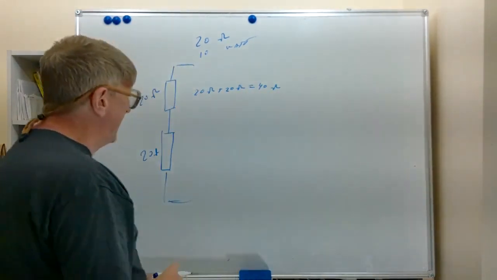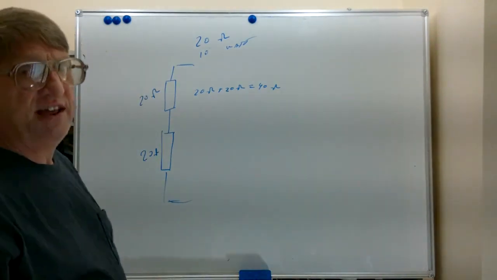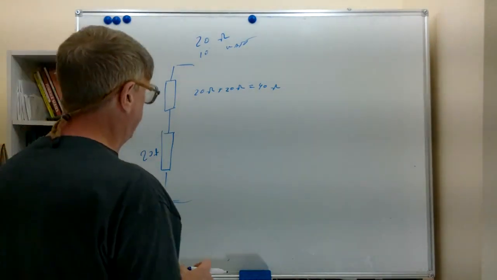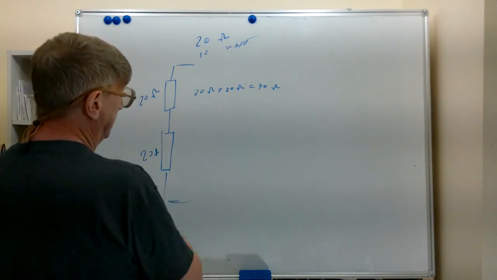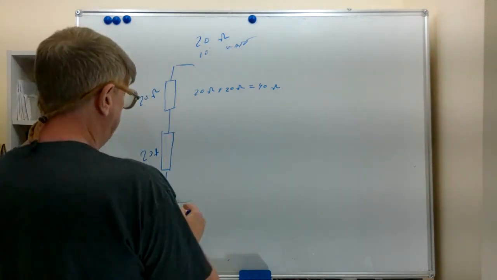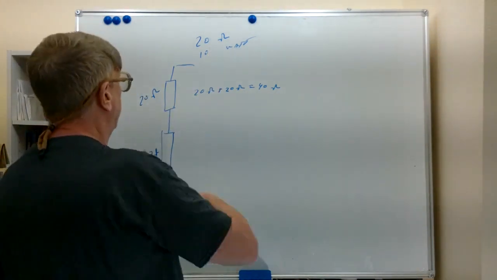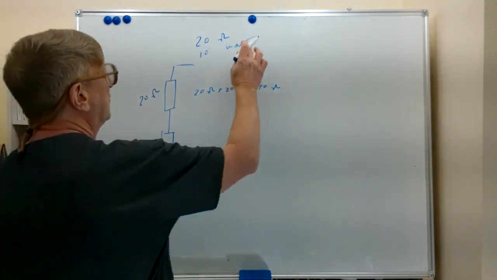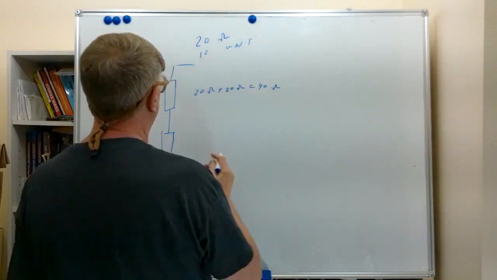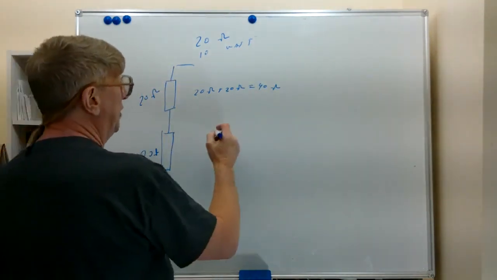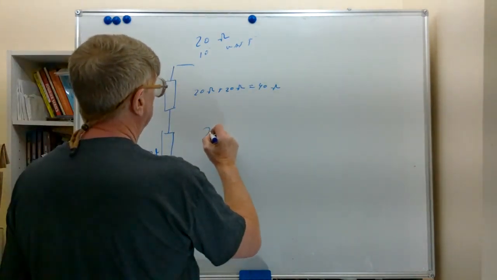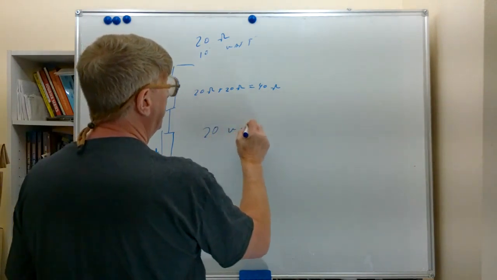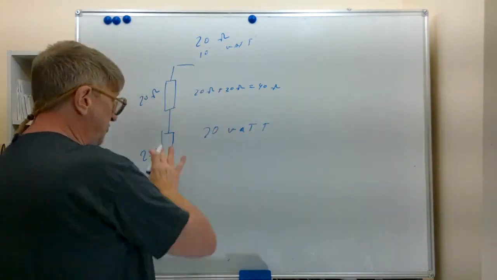Because these are equal resistors dissipating equal amounts of heat, the wattage rating of the total package adds up too. 10 watt plus 10 watt gives a 20 watt rating for the entire two resistor network.